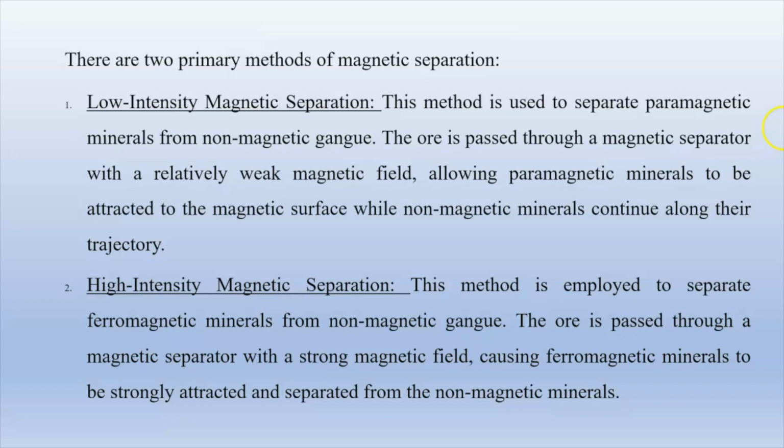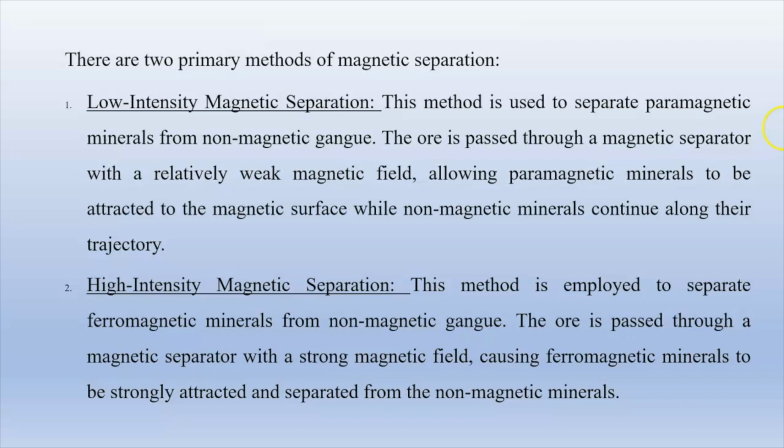For this purpose, the ore is passed through a magnetic separator having a relatively weak magnetic field. It allows the paramagnetic minerals to be attracted to the magnetic surface, whereas the non-magnetic minerals continue along the trajectory.